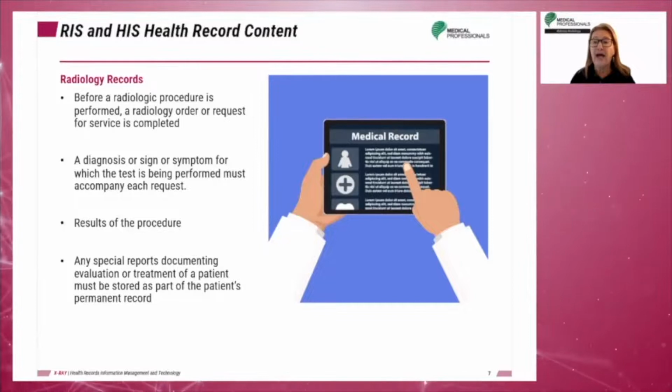Before a radiologic procedure is performed, a radiology order or a request for service should be completed. A diagnosis or signs or symptoms for which the test is being performed must accompany each request. The result of the procedure is also documented. This information is stored in the radiology records.